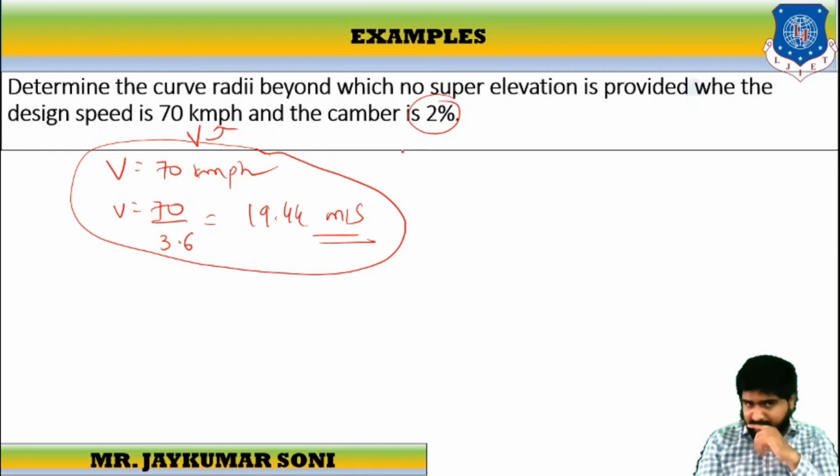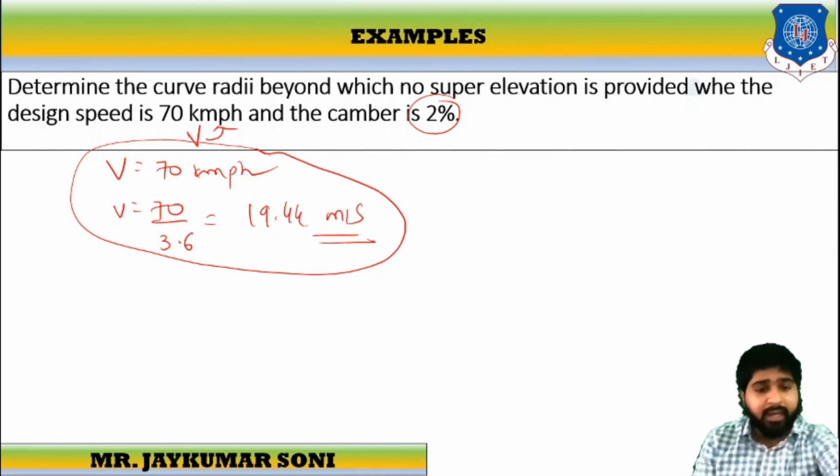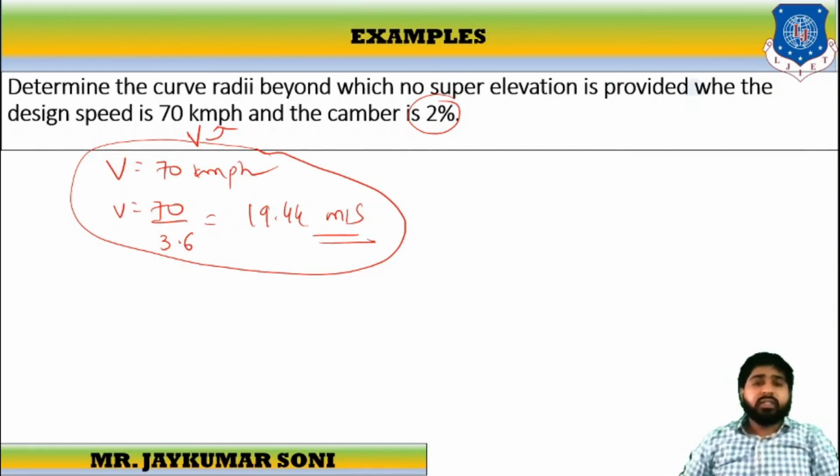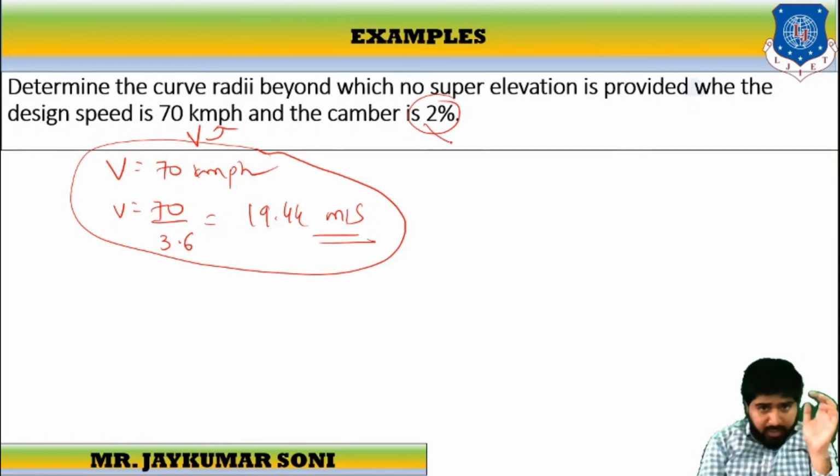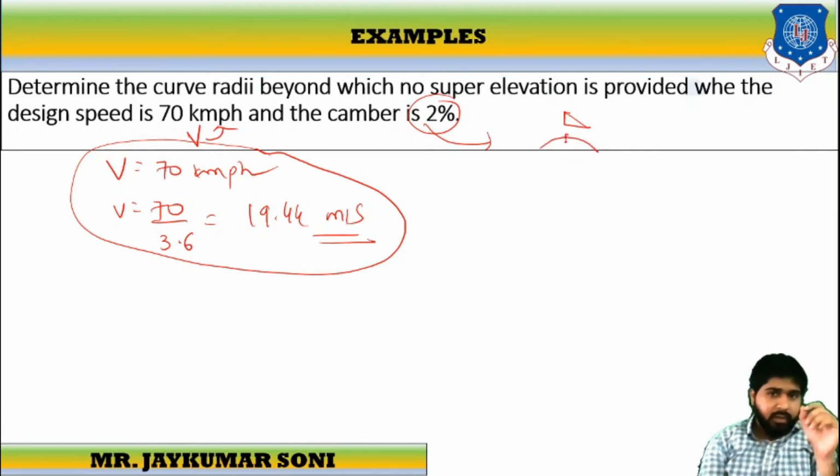Now what I need to explain: in such cases where the super elevation is not provided but the camber value is provided, see, super elevation means the raised part of the outer edge with respect to the inner edge. Camber means, see, if this is the road surface, then from this point to this point, this thing is called camber. This is also called camber.